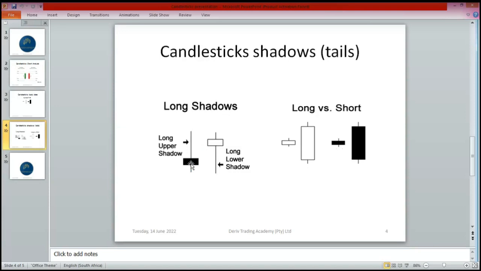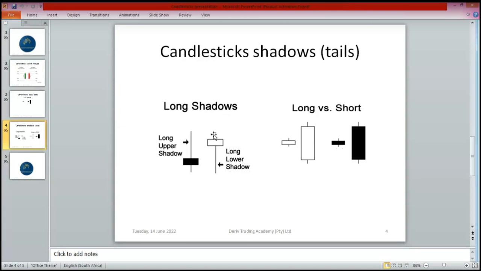If a candlestick has a long lower shadow and a short upper shadow, just like this one, this means that sellers flashed their muscles and forced price lower.